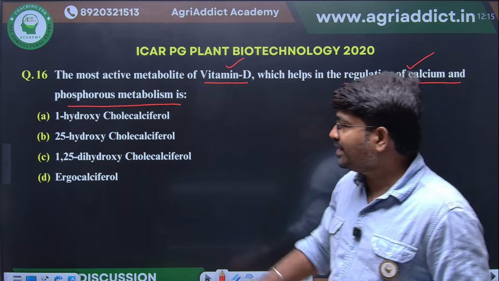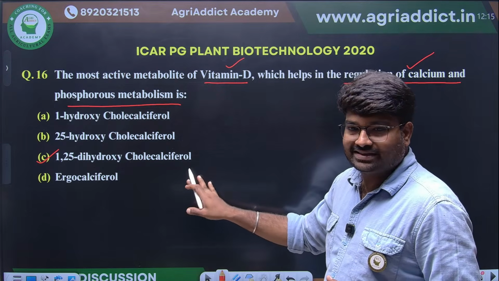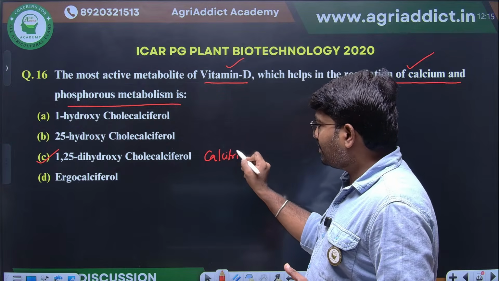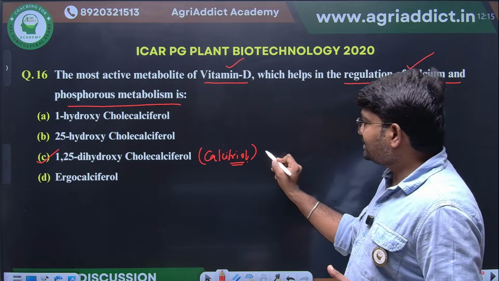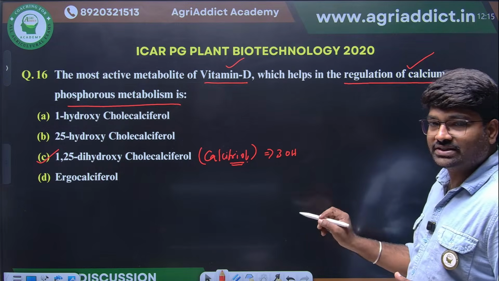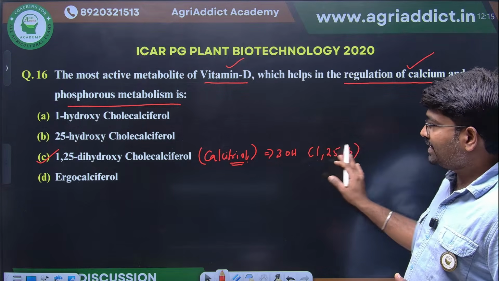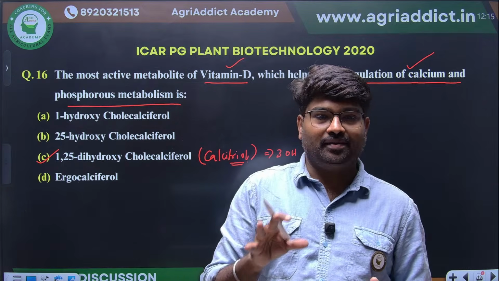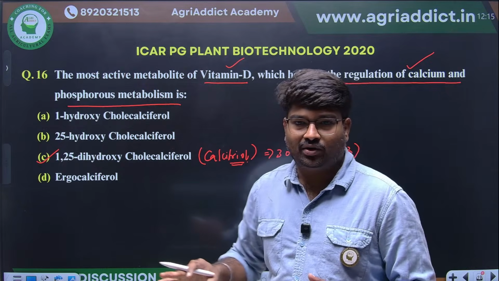Yes, very good. 1,25-dihydroxycholecalciferol, which we can also call calcitriol. Why do we call it calcitriol? Because of the presence of three hydroxy groups, at positions 1, 2 and 5 and 3. That's why we say calcitriol. This is the biologically active form of vitamin D that regulates calcium and phosphorus metabolism.